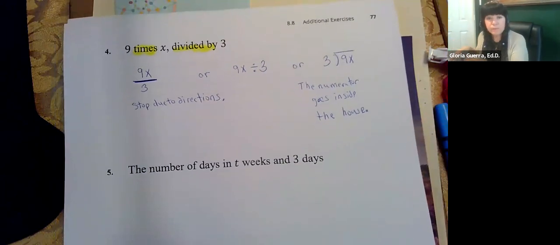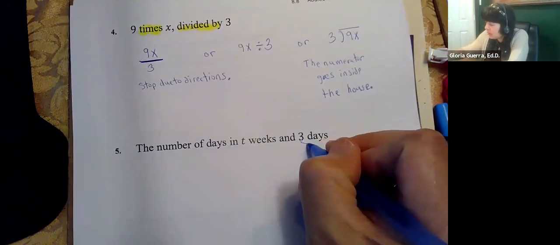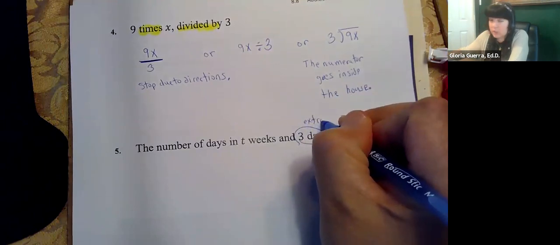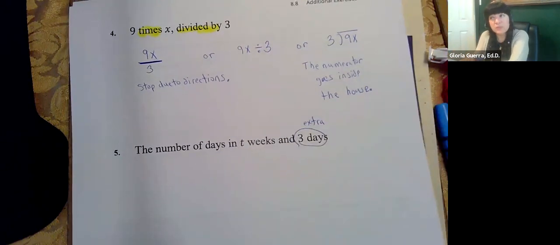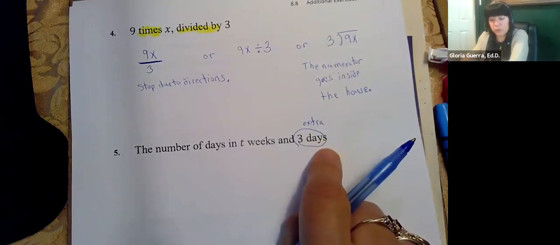Okay, number 5, the number of days in T weeks and 3 days. So you have extra days, not enough for a whole week because 7 days make 1 week. So you have leftover days, but not enough for another full week.